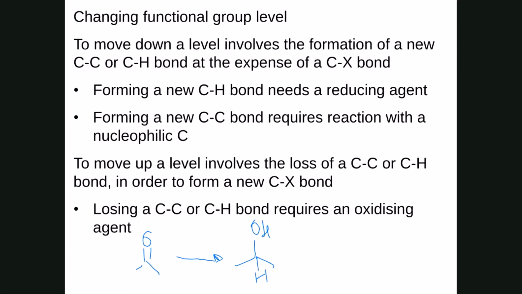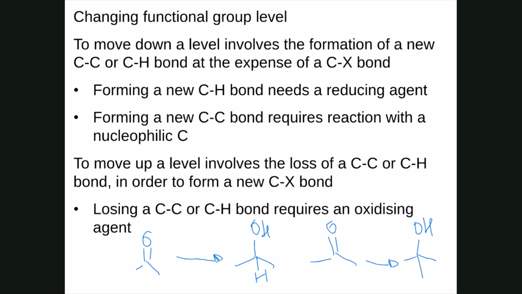However, if instead of doing this transformation, we have, again, a carbonyl group, but this time we want to move it again to a level 1 group, but let's say add another carbon-carbon bond, then we cannot do it just with a reducing agent. That would only increase the amount of hydrogen in the molecule, but it will not add carbons. We will need to have a nucleophile. We will require a reaction with a nucleophilic carbon.